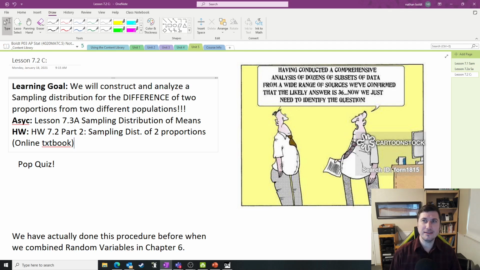Let's see. Oh, so I have an idea for changing the homework grading for that online textbook. So I'm going to try it for the next assignment or two, see how it works. So now on those online problems, you get 2 attempts. All right, you only get 2 tries for each problem. And then I think I had it, you lose 20% for each try that you do.